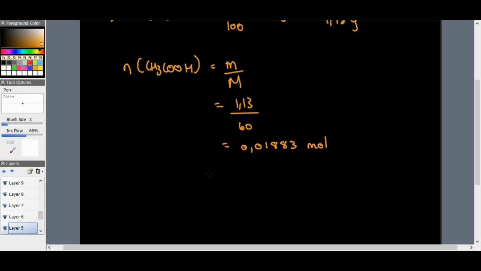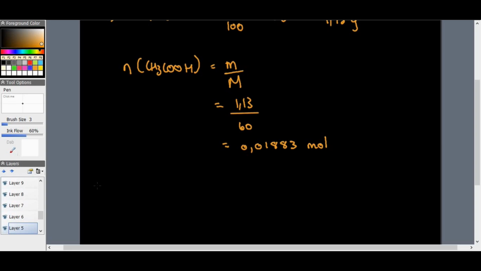Now, in order to find out the amount of moles that reacted, remember, we have calculated the moles present in 25 cubic centimeters. We also calculated the amount of moles that was unreacted in the previous question. So how many moles actually reacted?